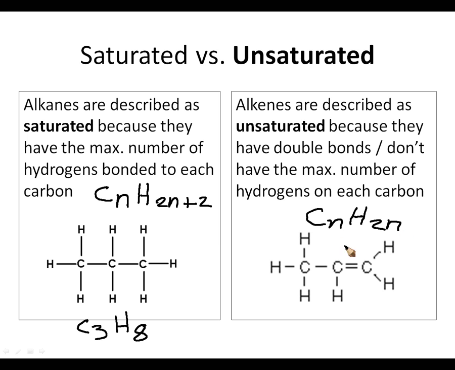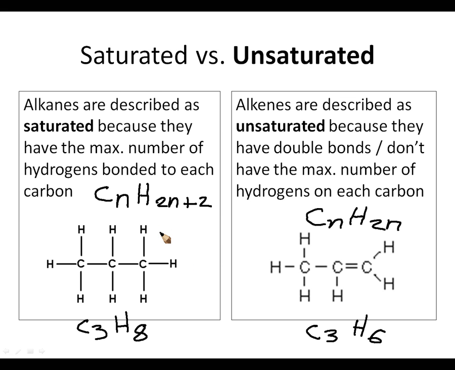So whatever the number of carbons you have, in this case 3 carbons, you'll have twice the number of hydrogens. So here it's C3H6. Using those generalized formulas, you can work out the formula.